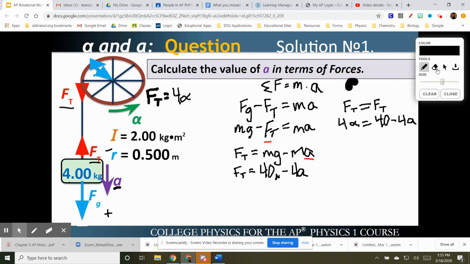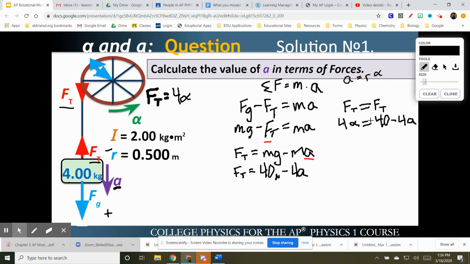Okay, so A, linear acceleration, equals R alpha.